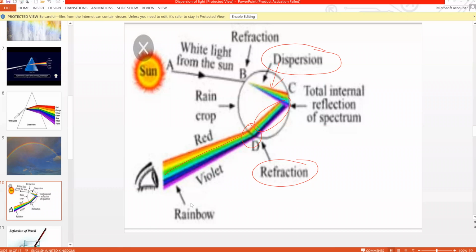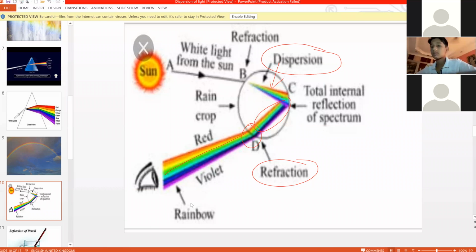They refract and disperse the sunlight, then reflect it internally, and finally refract it again when it comes out of the raindrop. In the diagram I have shown you, the sunlight passes into the water, and immediately after entering the water droplet, it splits into different colors, and again it gets reflected, again it gets refracted. He has written all these phenomena there. Because of these phenomena, you can see the rainbow with different colors. Now please go for refraction in daily life.